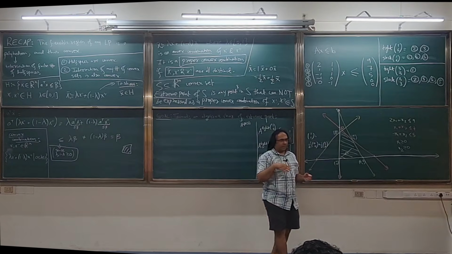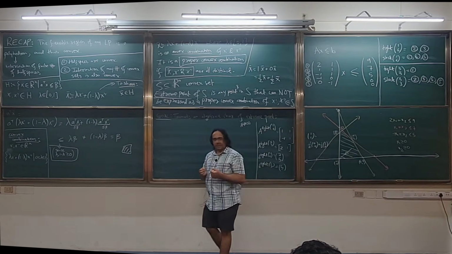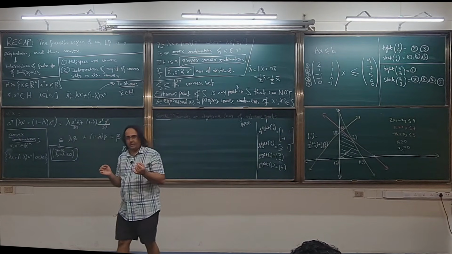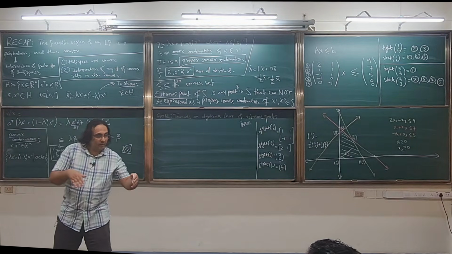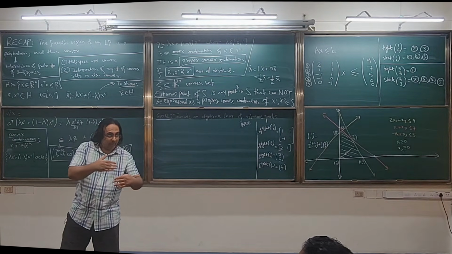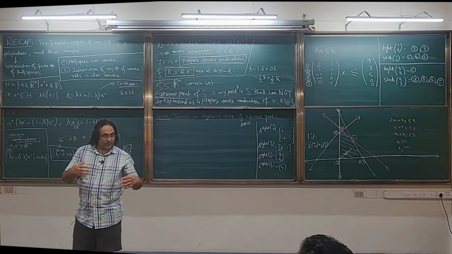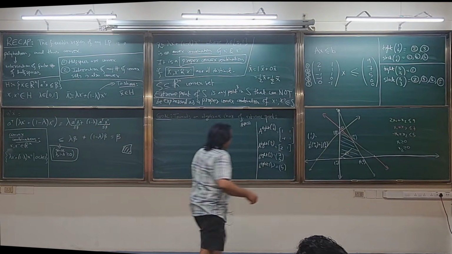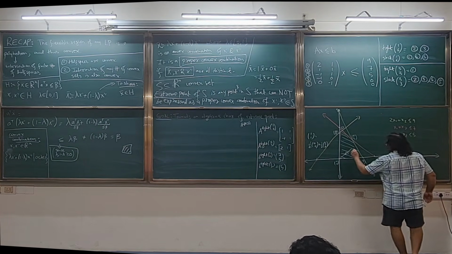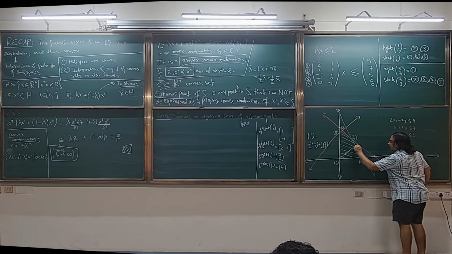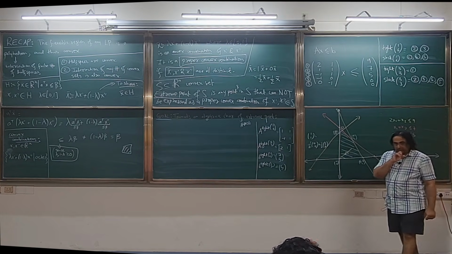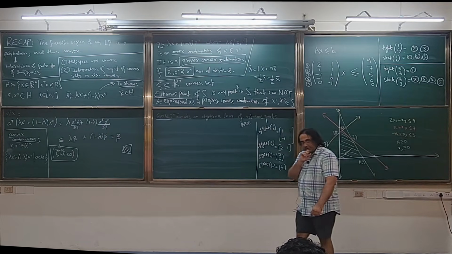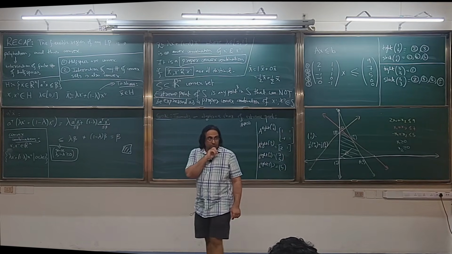At the 5 extreme points, do you see something that is not happening at any of the other points? There's some tight constraint. Right, some. But tight constraints are also there. For example, 3, 3. 3, 3 is somewhere here. 3, 3 also has a tight constraint. More than one tight constraint.